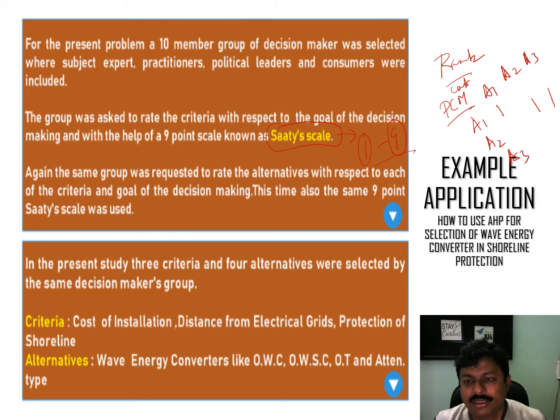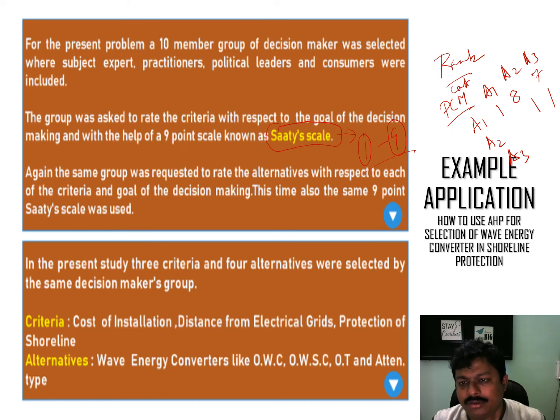As A1 is much more significant than A2, we can give 8 to them. Now A1 versus A3, it is much more significant than A3, but not more significant than A2, so we can give it as 7.